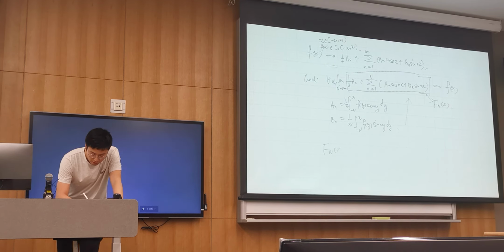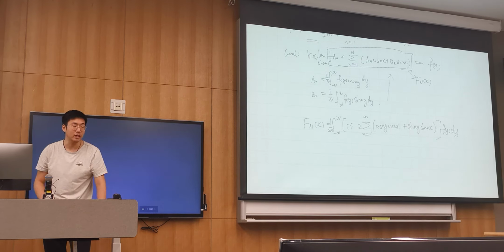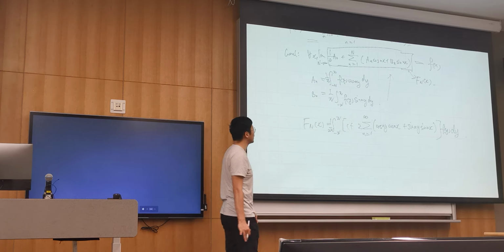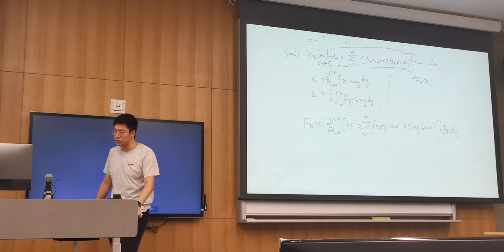Then my f_N(x) is the integral from negative pi to pi of 1 over 2 pi times (1 plus 2 times the sum from n equals 1 to N of cosine ny cosine nx plus sine ny sine nx) f(y) dy. This is going to be my f_N(x), by considering the integral form of every Fourier coefficient.